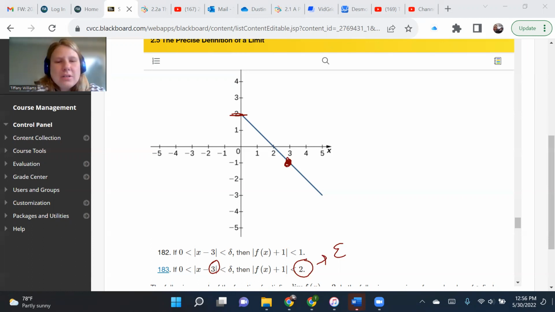And then if I go down 2 from -1, that's going to put me at -3. Let's count, shall we? If I go up 2 from -1, 1, 2, that's going to put me at 1. There we go. So we've got 1. And of course, the -3 was correct.